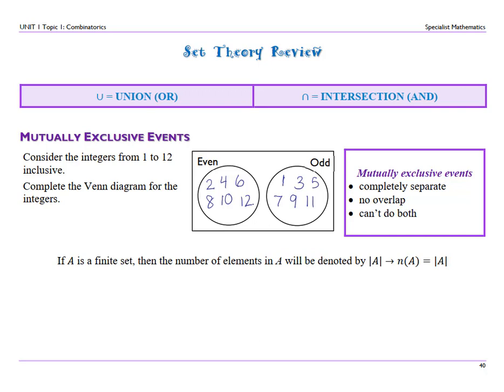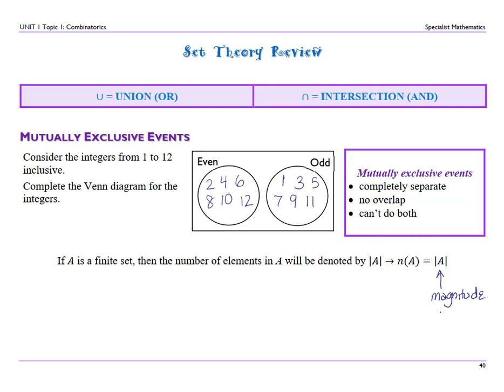There's no overlap. You can't have both. Now, if A is a finite set, meaning that it has a set number of elements, then we can denote the number in the set as n of A, or A within straight brackets, which, as you will learn as we go through in Specialist, also means magnitude.